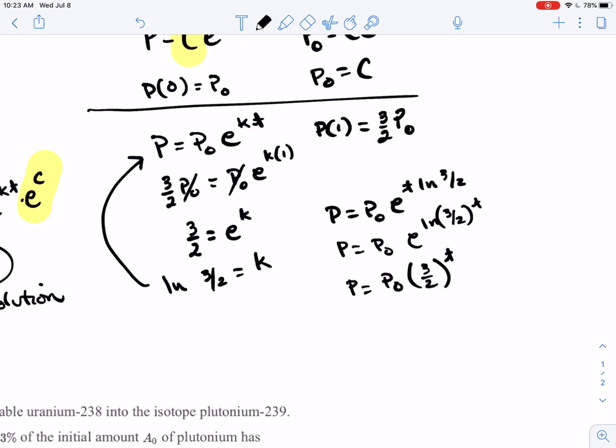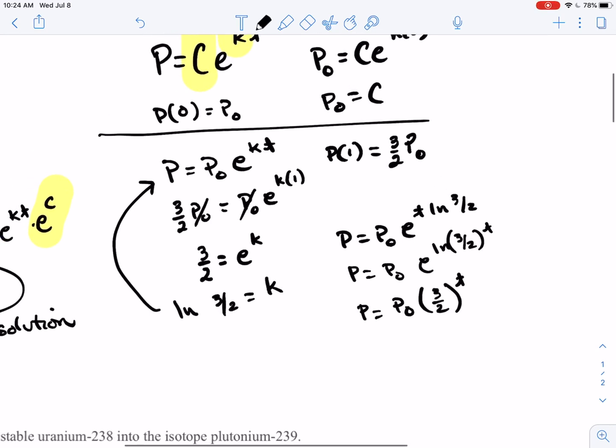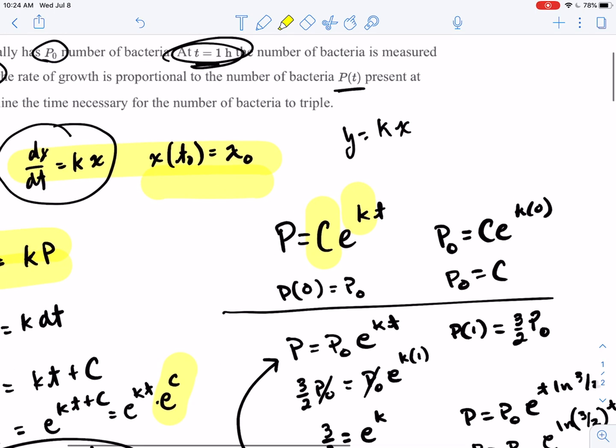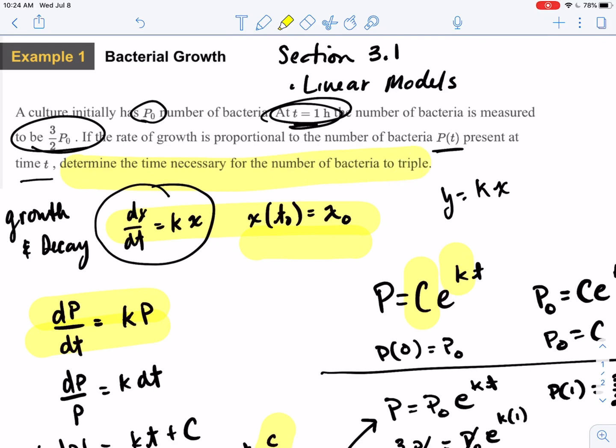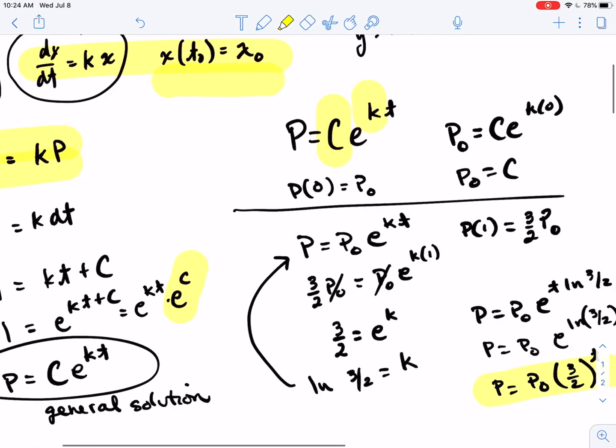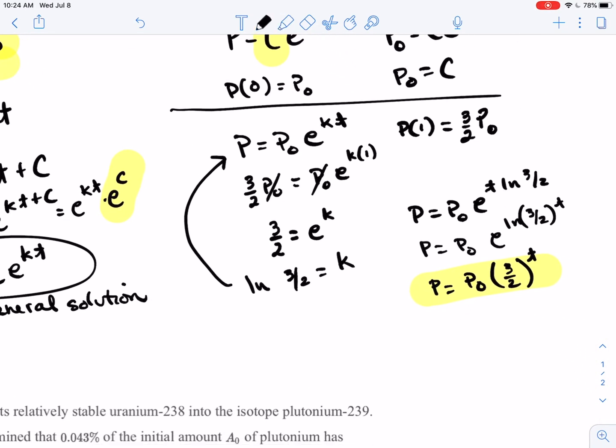Okay, so with all that work that we have done, now we could use this to see, all right, determine the time necessary for the bacteria to triple. All right, so if I do that, what does that mean? It's going to triple.